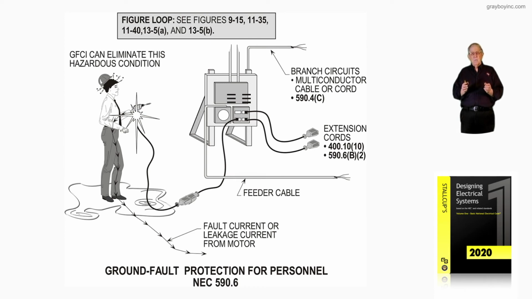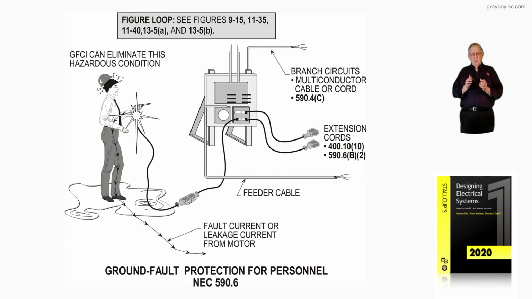Then you would just go to Chapter 13 of 70B, and each type is defined right there, how you can use those individual GFCIs that they recommend there, such as a circuit breaker, a GFCI receptacle, a portable GFCI. The different types of GFCIs that our industry has available to us today are listed in Chapter 13 of NFPA 70B, and you'll learn everything you need to know about each individual one by referencing that standard.